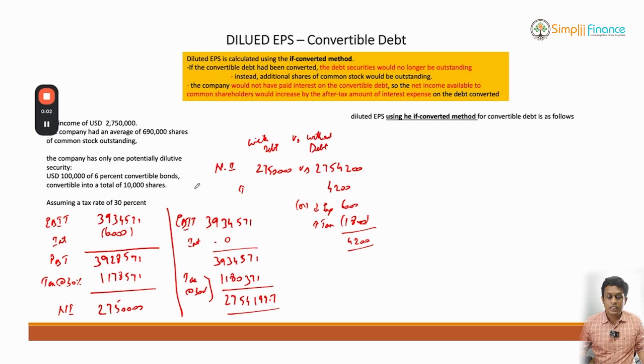Now we'll be looking at the second convertible security according to the curriculum, that is the convertible debt. Here again we'll be using the what if conversion method. According to the example, you have 2.75 million as net income, and you had an average number of shares of 690,000, and you had this convertible debt.